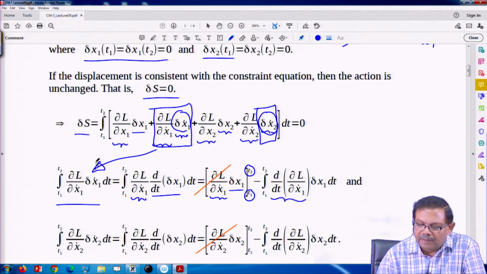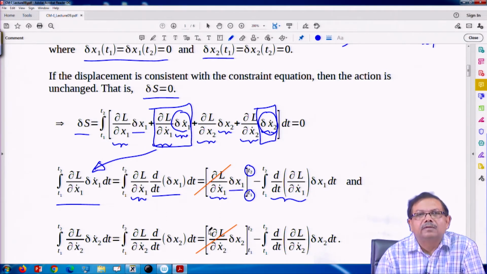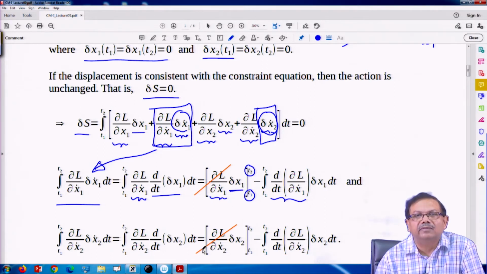Now, delta x 1 is 0 at the end points, at t equal to t 1 and t equal to t 2. So, this part will vanish and we will be left with the second part, which is an integral.